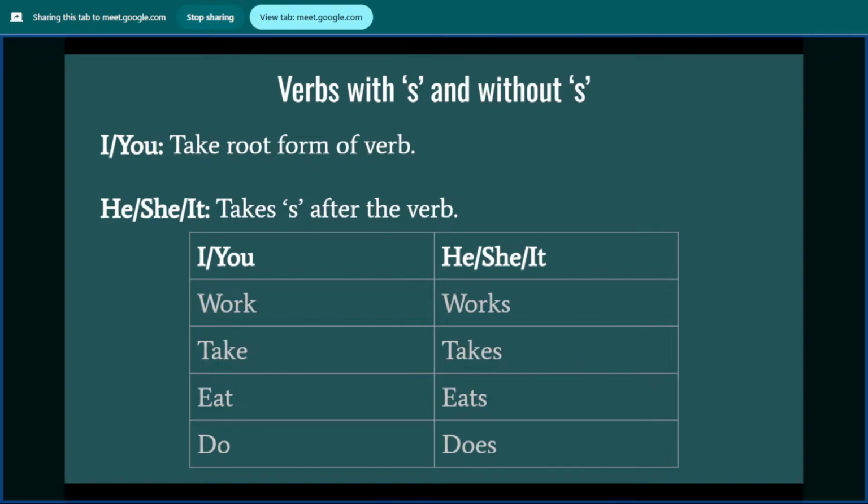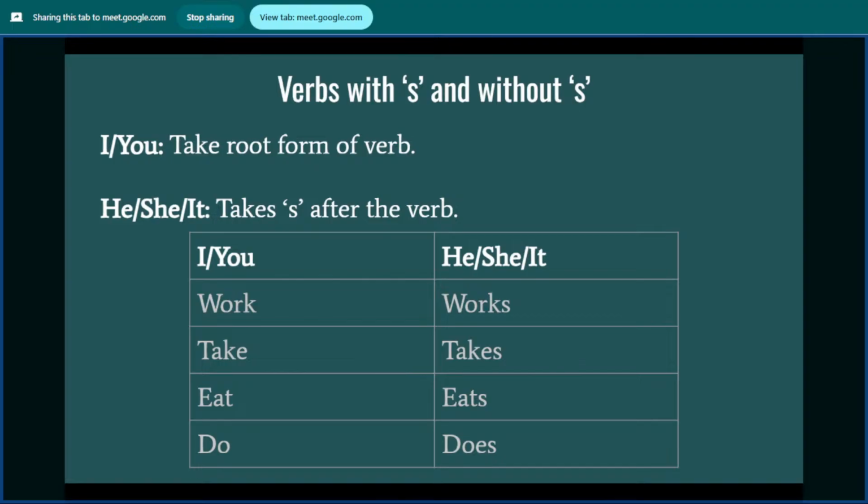ठीक आहे. So whenever we have I and you, that is first person and second person, then आपण वर्ब ॲज इट इज यूज करणार, त्याला आपण एस वगैरे काहीही ॲड नाही करणार. ठीक आहे. जेव्हा आपण थर्ड पर्सन सिंग्युलर, एका पर्सन बद्दल बोलत आहोत थर्ड पर्सन मध्ये, then only we will use s with the verb. So I will say I work at dash dash company, you work at dash dash company, and I will say he works in dash dash company.